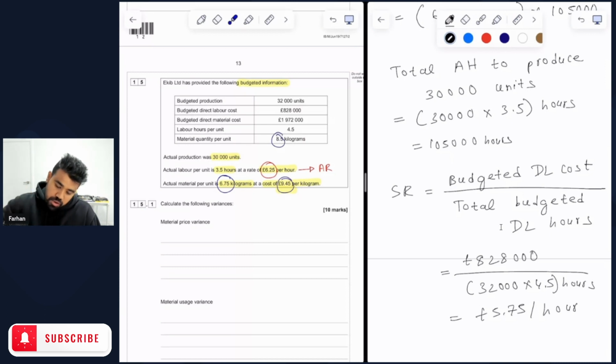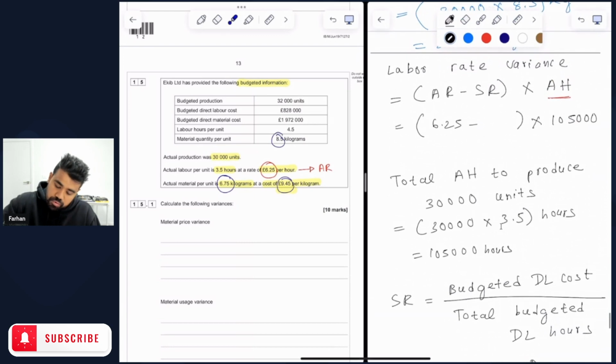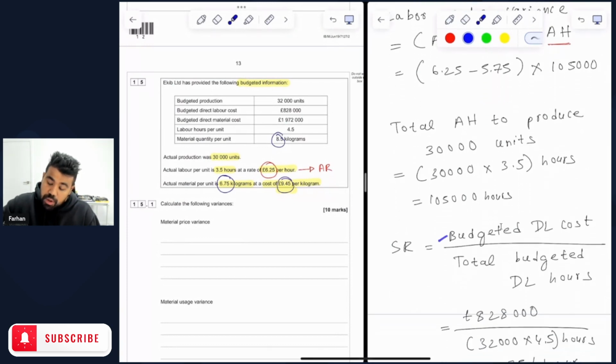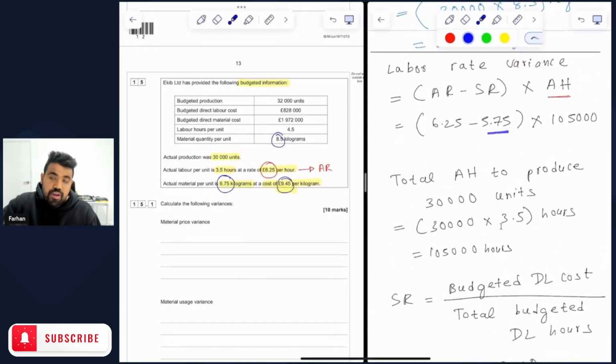Okay, so I'll just replace this in the equation that we had written originally. So we have got the actual rate of labor hour, which is 6.25 pounds per hour, which is given in the second last line of the question. The standard rate is something that we had just derived, and we had derived it by using the budgeted direct labor cost and then dividing with the total budgeted direct labor hours, which gave us 5.75 pounds.